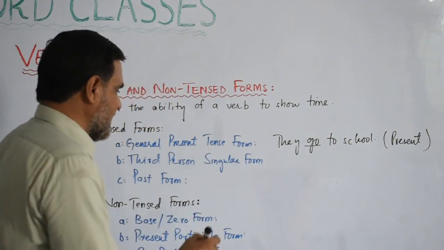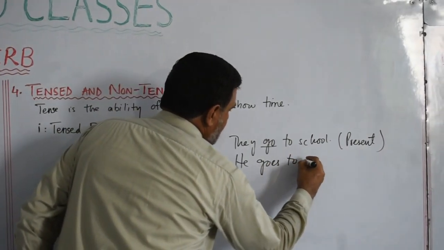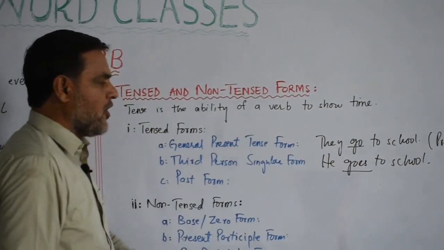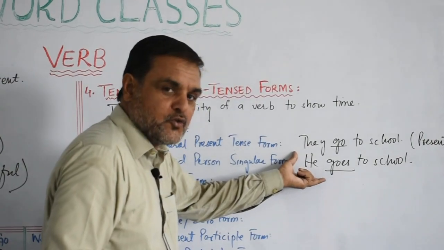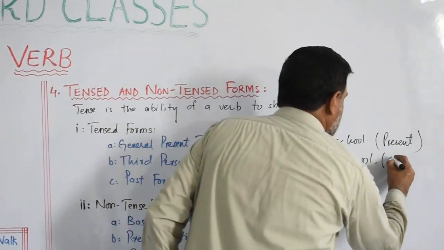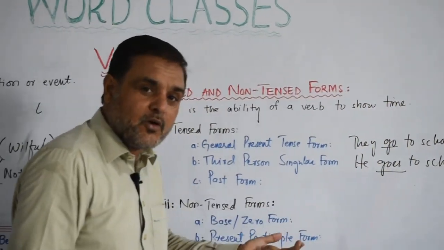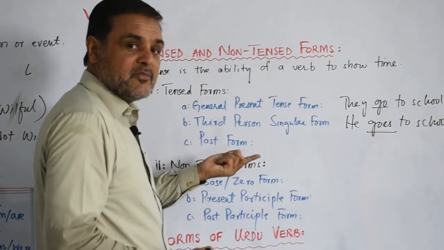Let's talk about this one. Second one, he goes to school. Now here is the use of third person singular form. Now what is the time of the situation? He goes to school. Clearly this is also present. So this is also a present time situation. Let's talk about this one, past form, the second form.